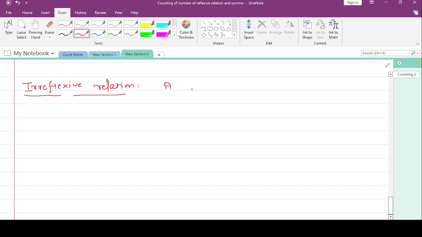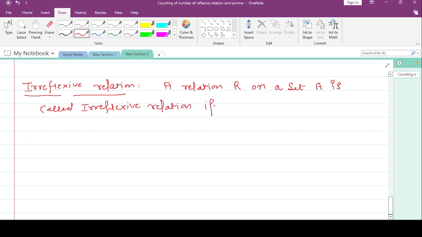A relation R on a set A is called an irreflexive relation if (a, a) is not a member of the relation for all a belonging to the set A. That means we do not want the same ordered pair inside our relation.